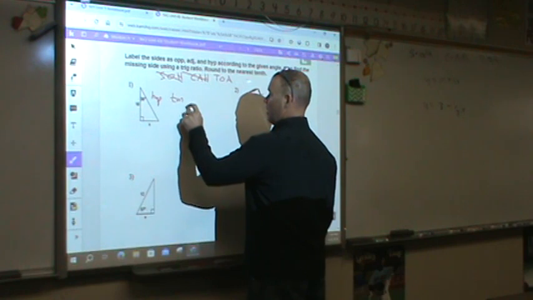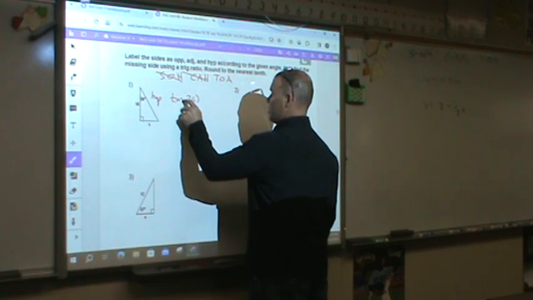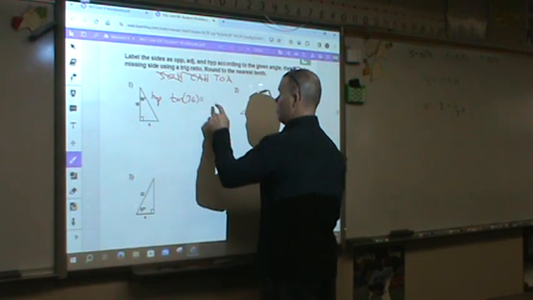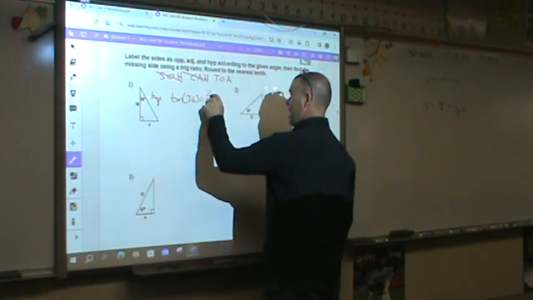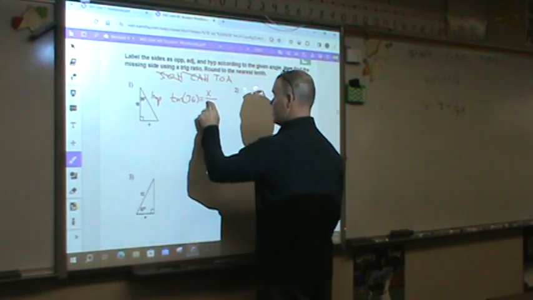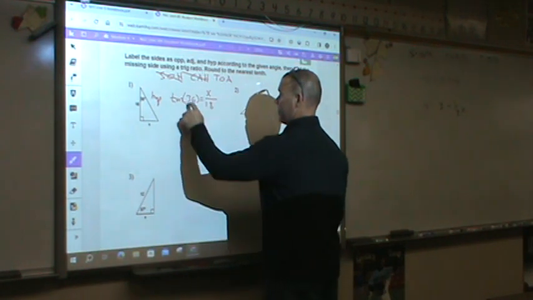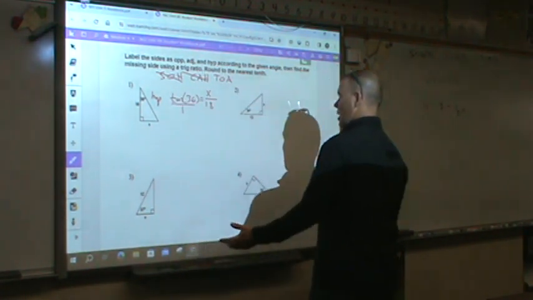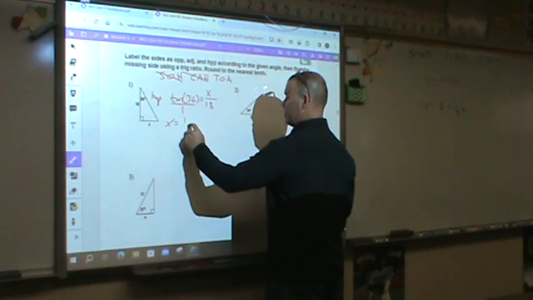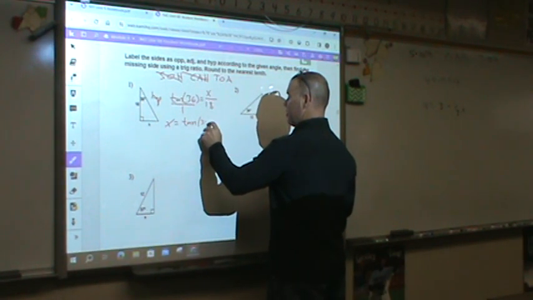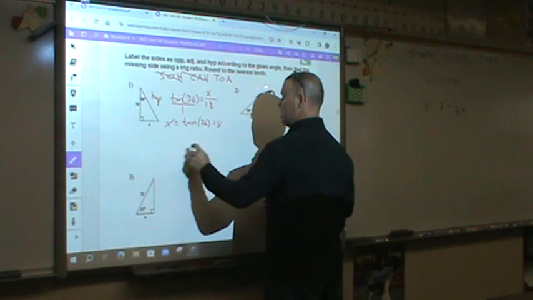So the tangent of 36 degrees is equal to the leg opposite of 36, x, over the leg adjacent, which is 18. Now, cross multiply. Well, I know that x times 1 is x, so x is equal to the tangent of 36 times 18.